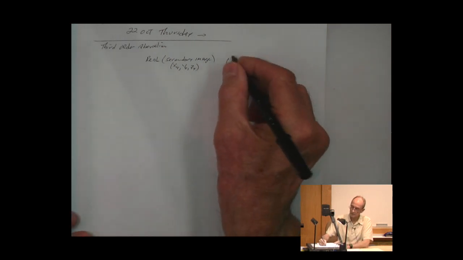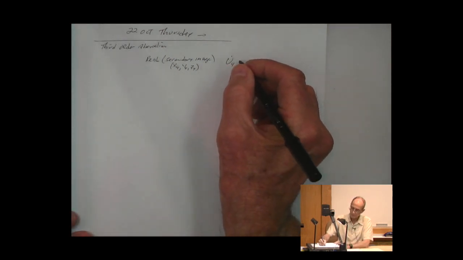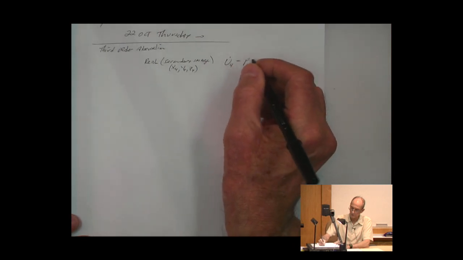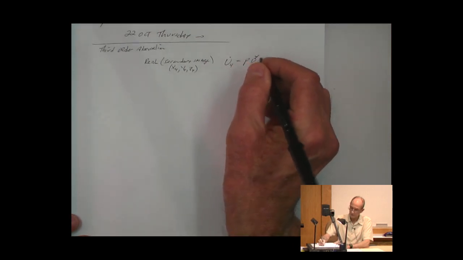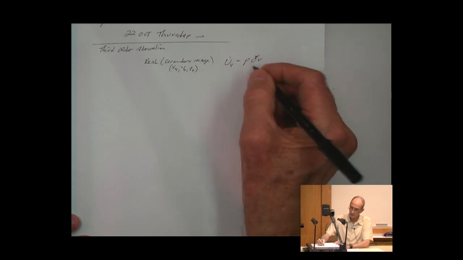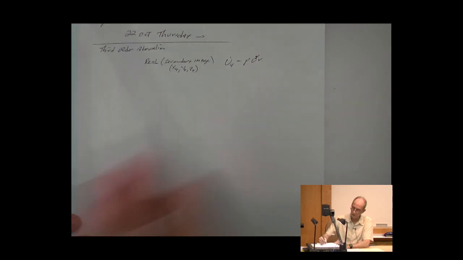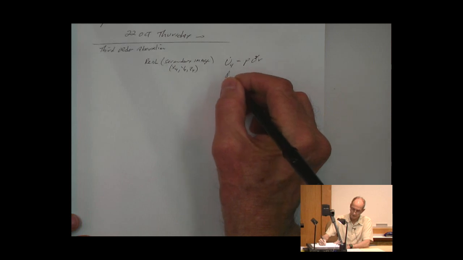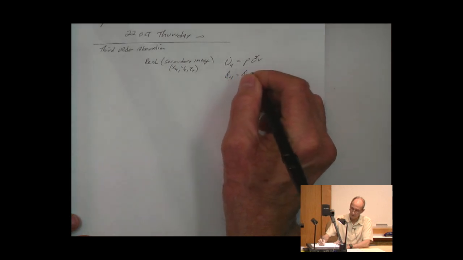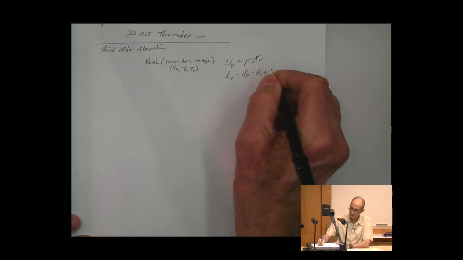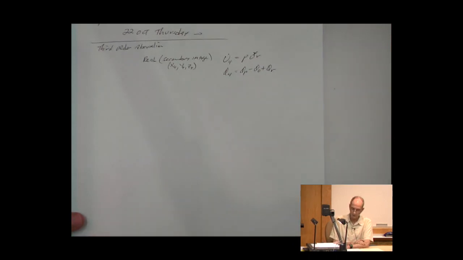For that U4, that was equal to the phase of P, O star, and R, giving us this conjugate or converging field rather than a diverging field. And that had a phase which was, again, phi P minus phi O plus phi R, corresponding to those field products.